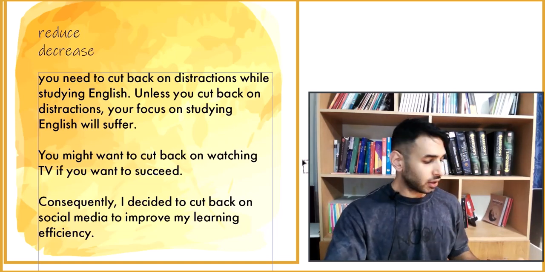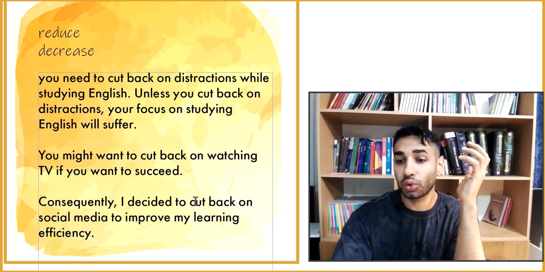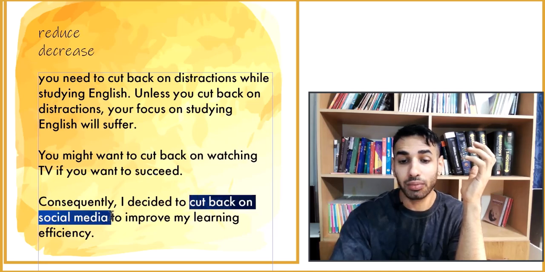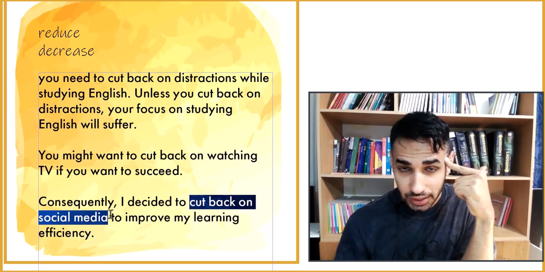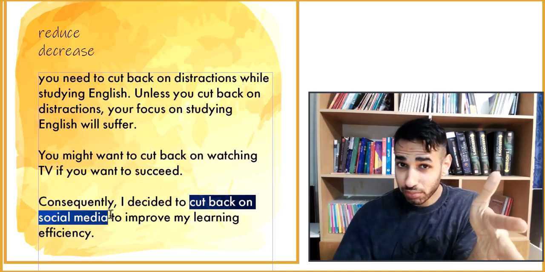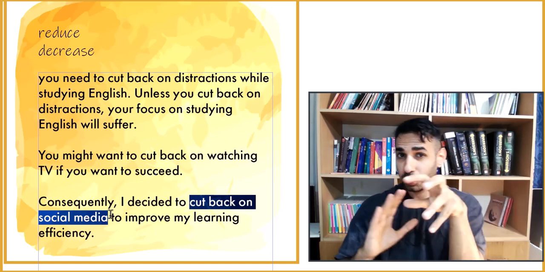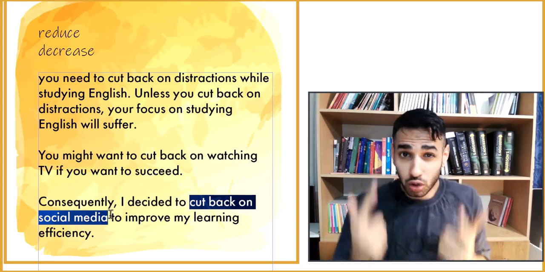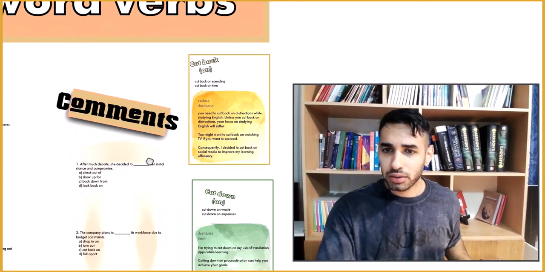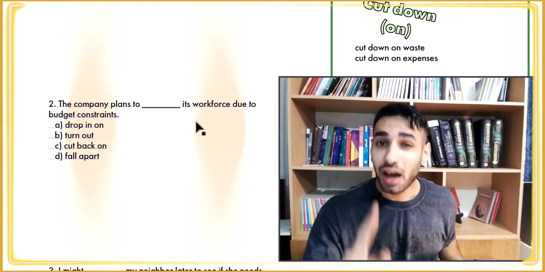And next, consequently, I've decided to cut back on my social media to improve my learning efficiency. Cut back on social media means to reduce the usage of social media, to use social media less and study more. Now, I want you to answer this question in the comment section.